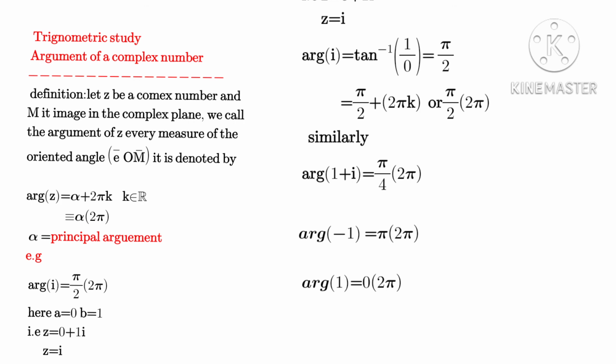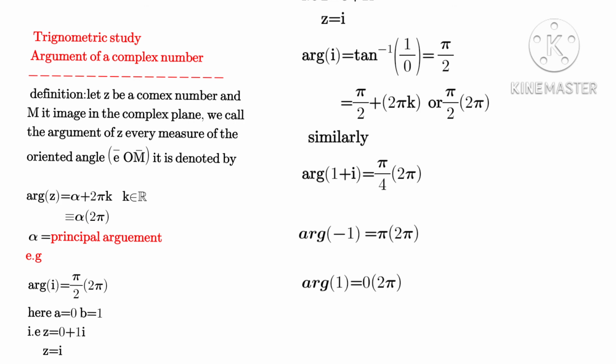So we have tan inverse of 1 over 0. 1 over 0 is infinity, so inverse tan of infinity is pi over 2, or we have it to be pi over 2 plus 2 pi k, or pi over 2 modulo 2 pi. So any of these answers is correct.